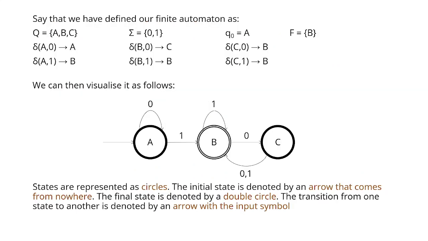Okay, so here's a visualization of the finite automaton. Let's just say that our Q, or set of states, is ABC, sigma is 0, 1, the initial state is A, and the final state is just B. Then our delta function is this transition function.